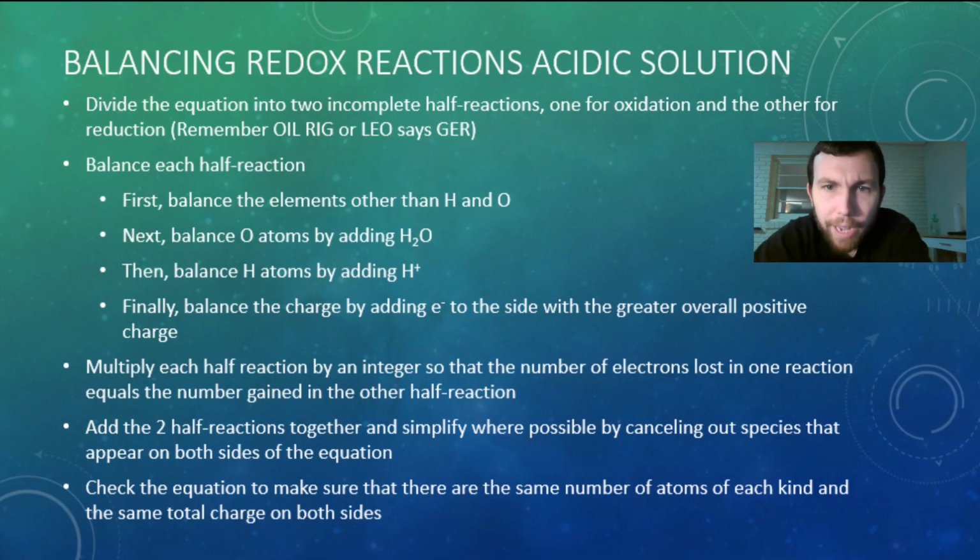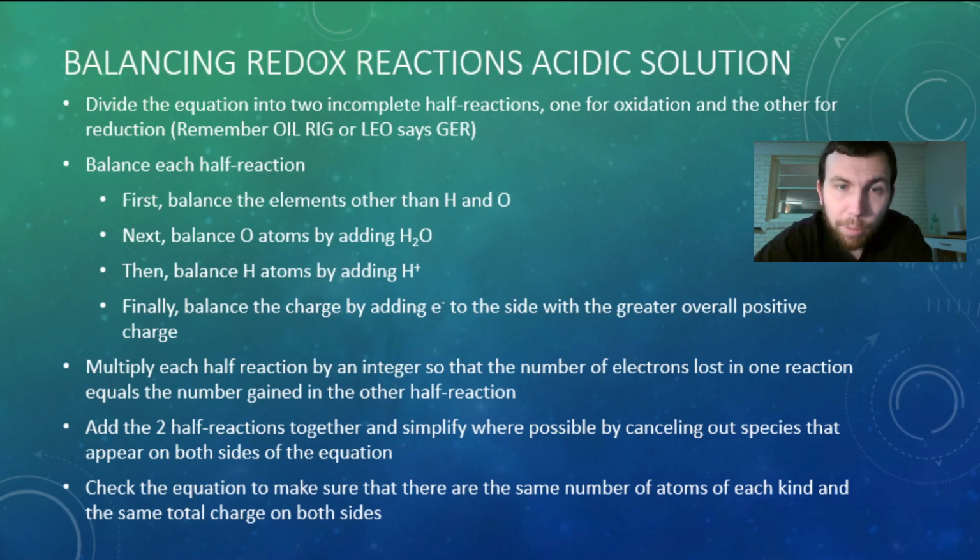Once you do that, you're going to multiply each half reaction by an integer so that the number of electrons lost in one reaction equals the number gained in the other half reaction. That's that conservation of charge piece. We can't forget that. Once you've done that, you add your 2 half reactions together and start simplifying. You might have too many water molecules on one side, or they're showing up on both sides, and you're able to cancel something out.